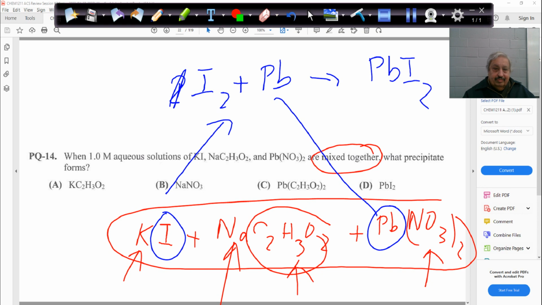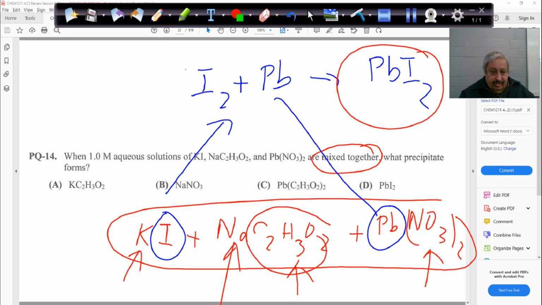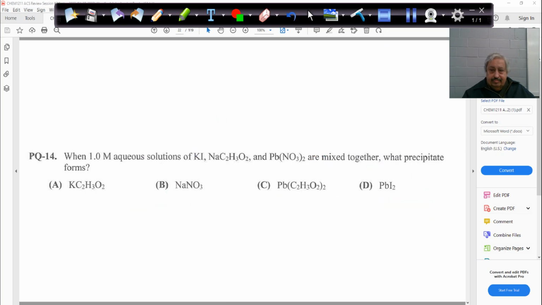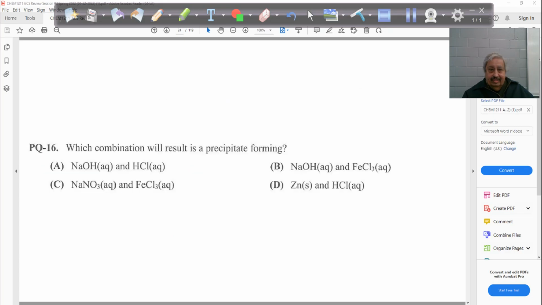Take the 2 out here. So this one will be forming. Correct, guys? Is this an option? Yes, where is it? D. The answer is D. That's correct.